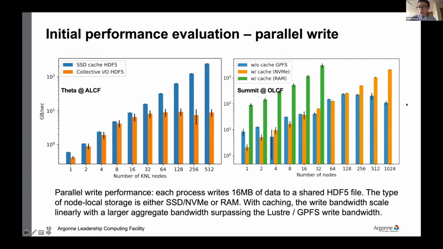And if you go to a larger scale, due to the contention from the other jobs in the system, it actually doesn't improve the performance anymore. But using this non-local storage, because there are no network contentions, it consistently increases the performance, and we get more than 1 terabyte per second of I/O rate.